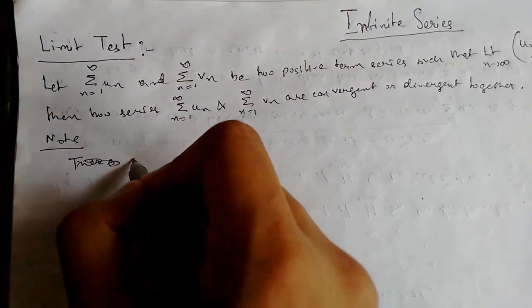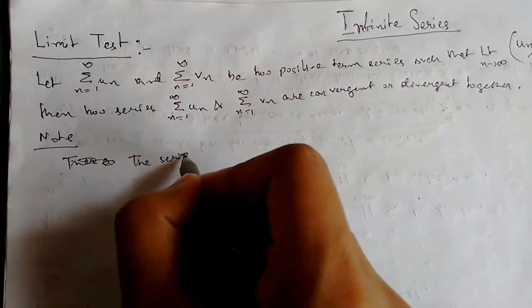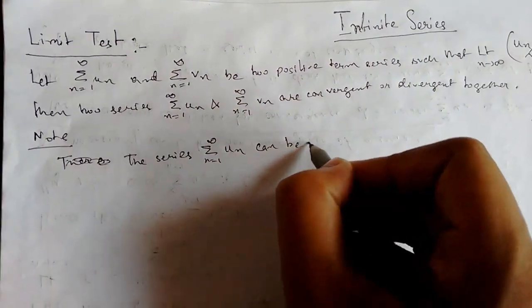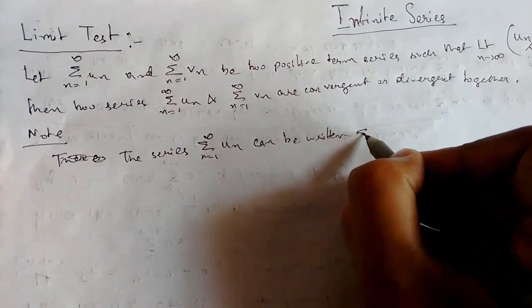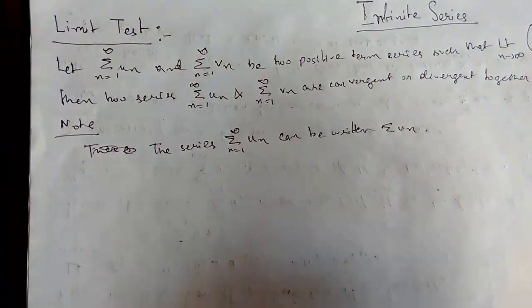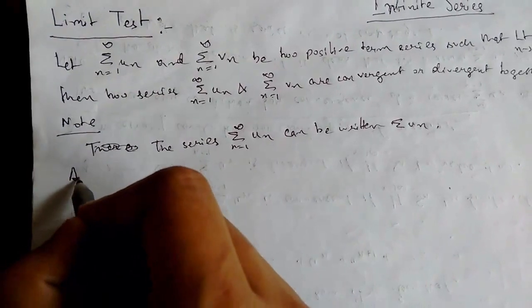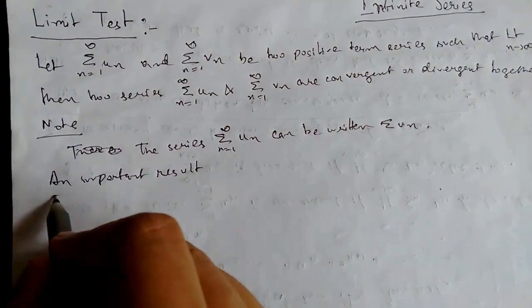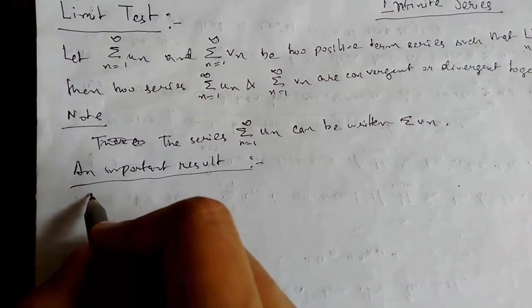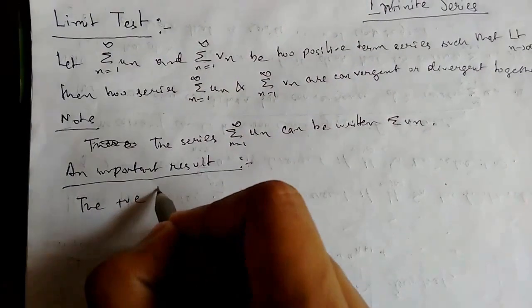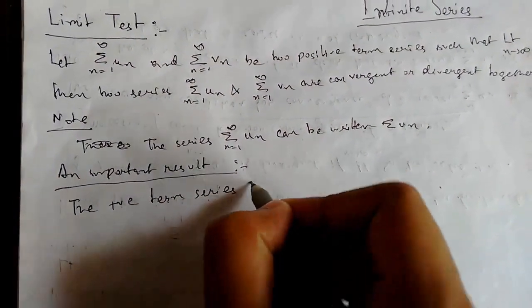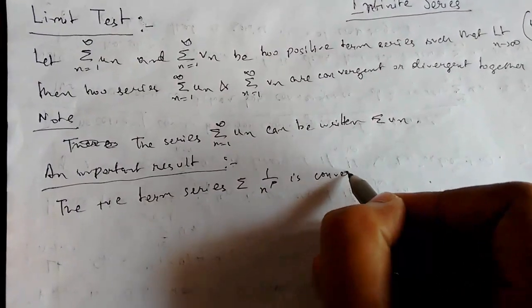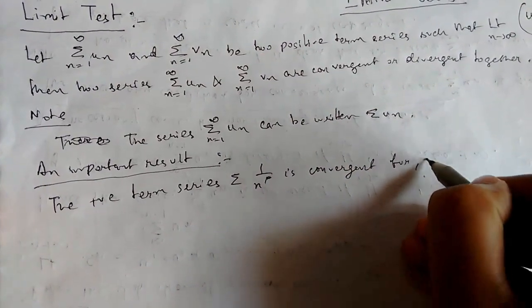So let us take a note. The series summation n from 1 to infinity u of n can be written directly as summation u of n; don't write from 1 to infinity. An important result that you need to keep in mind is that the positive term series summation 1 upon n to the power p is convergent for p greater than 1.